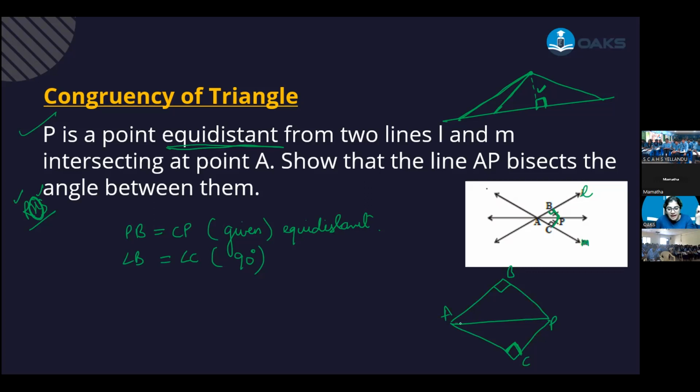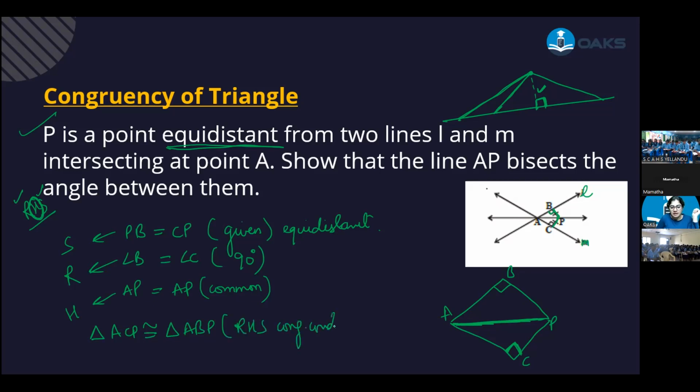And AP is common in both the triangles. Which means hypotenuse, that is AP, is common in both the triangles. So we have our R, we have H, we have S. Correct? So we can say that triangle ACP is congruent to triangle ABP by RHS congruency condition.